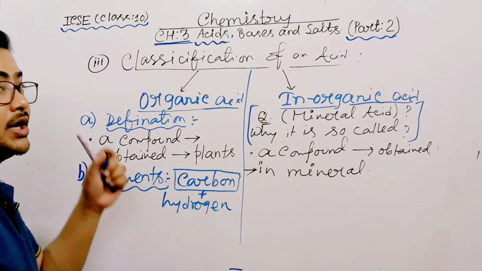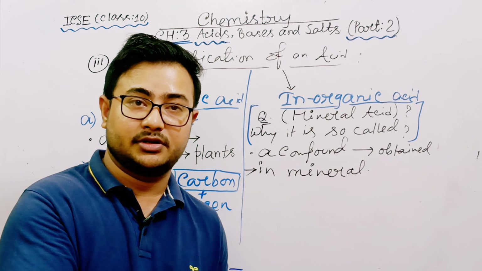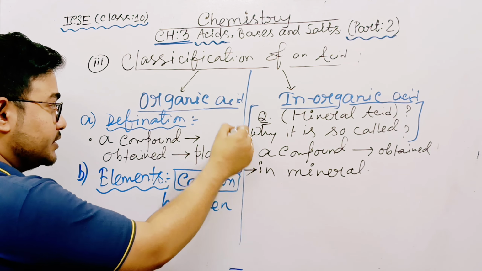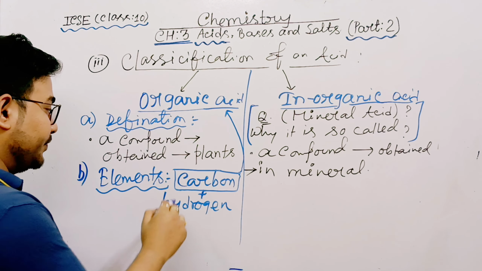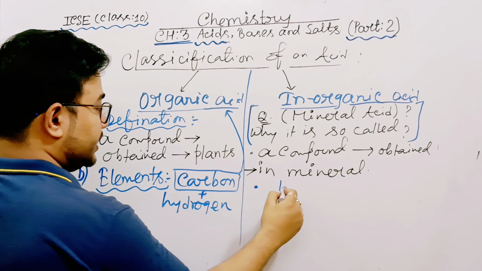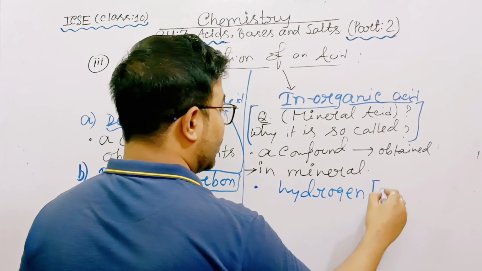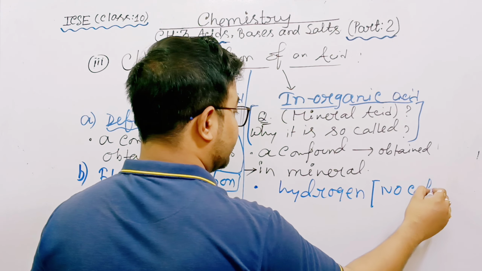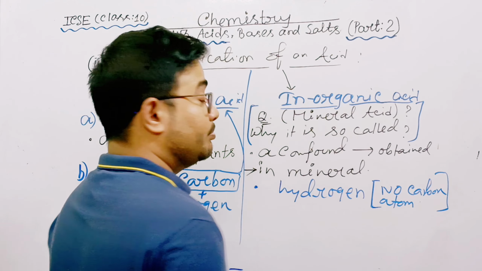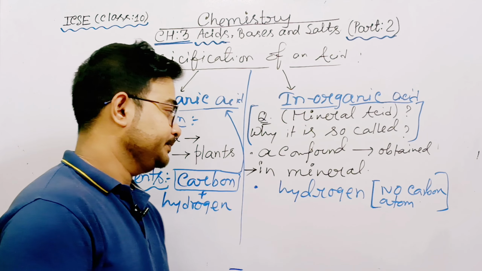What is an organic compound? Organic compound means generally the compound must contain carbon. So since these acids contain carbon, they are also called organic acids. Now here carbon plus oxygen, and here only carbon plus hydrogen, and here only hydrogen, no carbon atom is present. But in chemistry we have exceptions, so exceptions I will tell later.